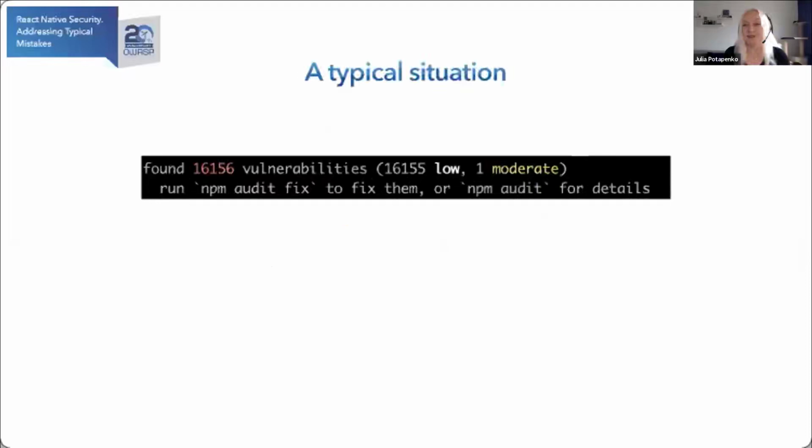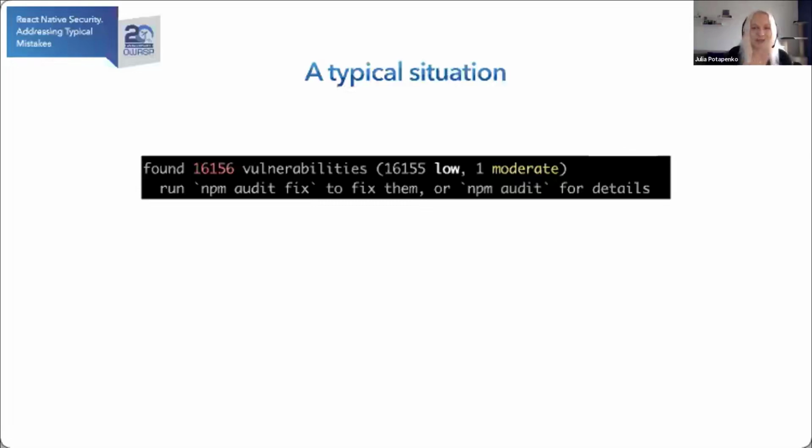A typical situation on a React Native project: a lot of dependencies, and they bring a lot of vulnerabilities. This is a real life project I worked on. We created a task for the team that you need to update dependencies, you need to review these vulnerabilities and do something with them, maybe remove some libraries.